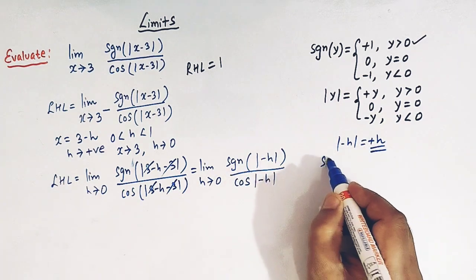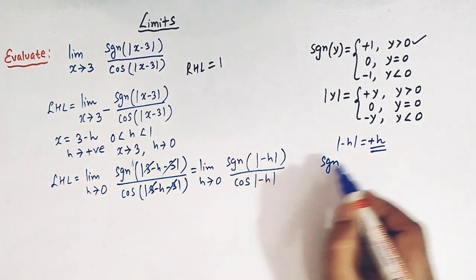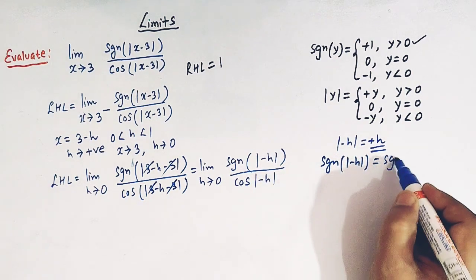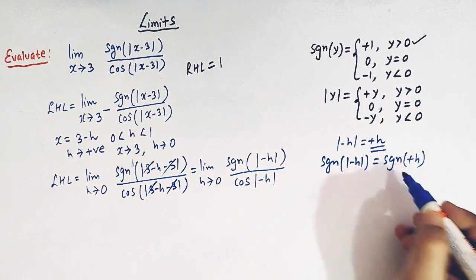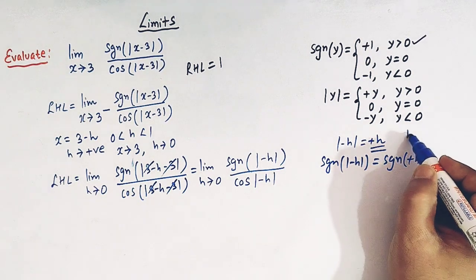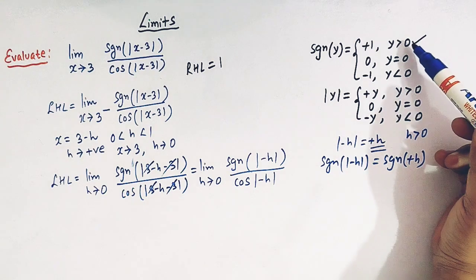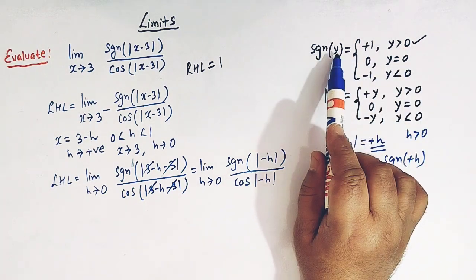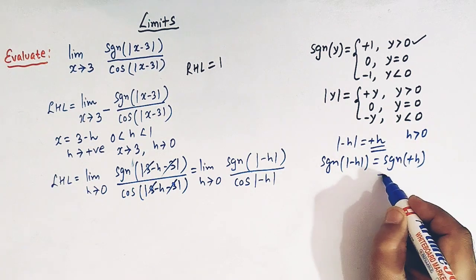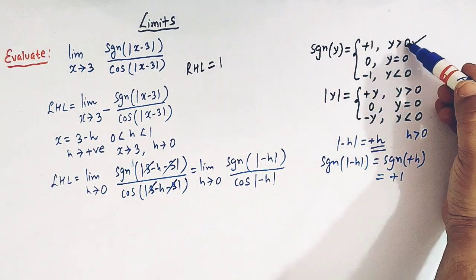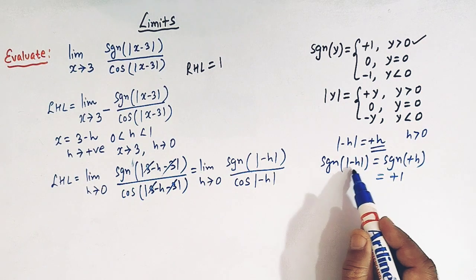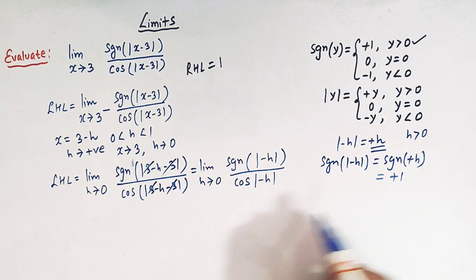So signum of mod of minus h can be written as simply signum of positive h, right? And since h is greater than 0, again we'll take this definition of signum function. So signum of h takes the value plus 1, right? So this is an important thing here. So signum of mod of minus h is plus 1, right?